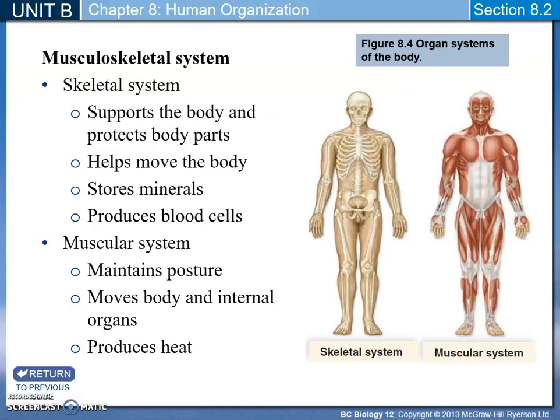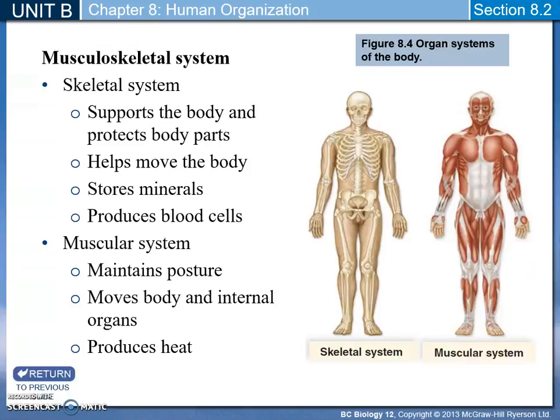The musculoskeletal system: the skeletal system obviously supports the body and protects the body parts, helps move the body, and stores minerals as well. Although many of the minerals stored in the bones are needed for the strength of the bones, that can also be a source of minerals when the demand calls for greater minerals.